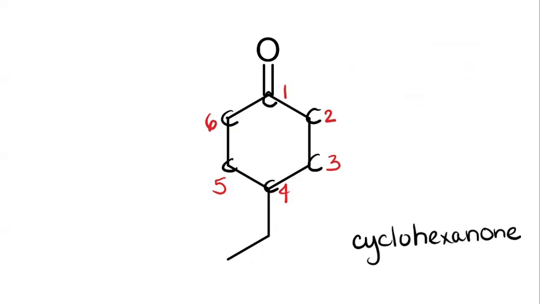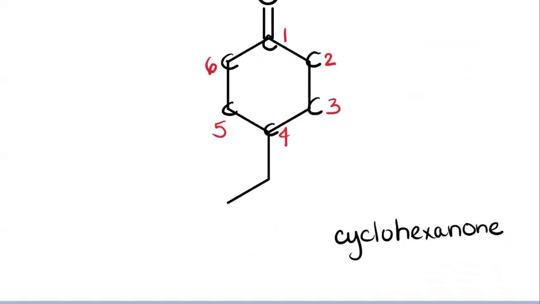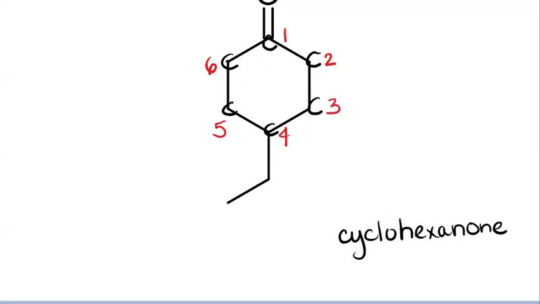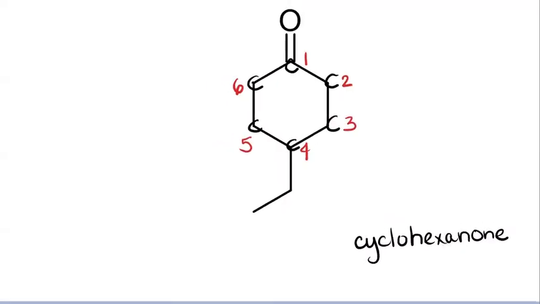Let me just move the name down here. Since we only have one substituent, and that substituent has 2 carbon atoms, the name of this ketone is 4-ethyl cyclohexanone.